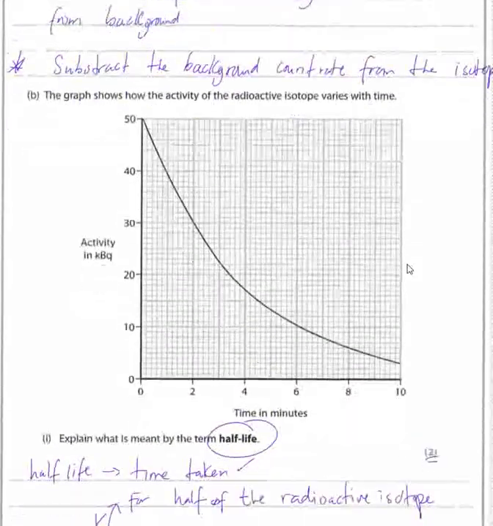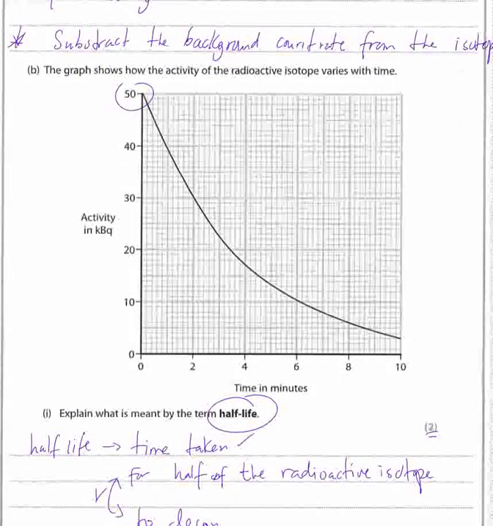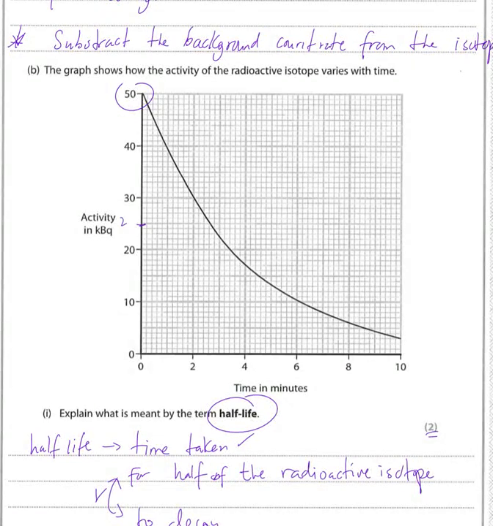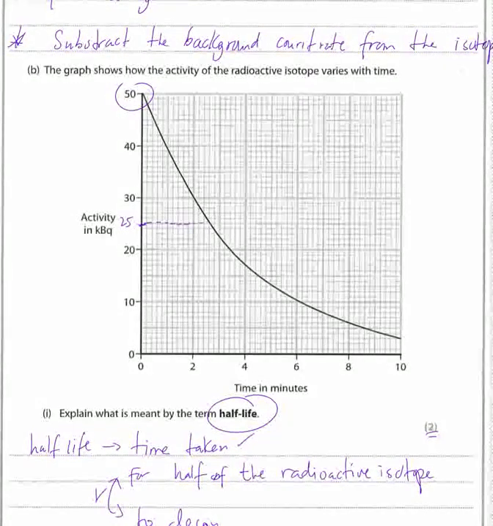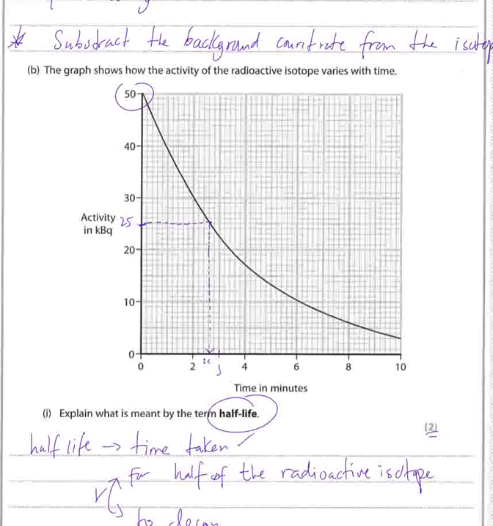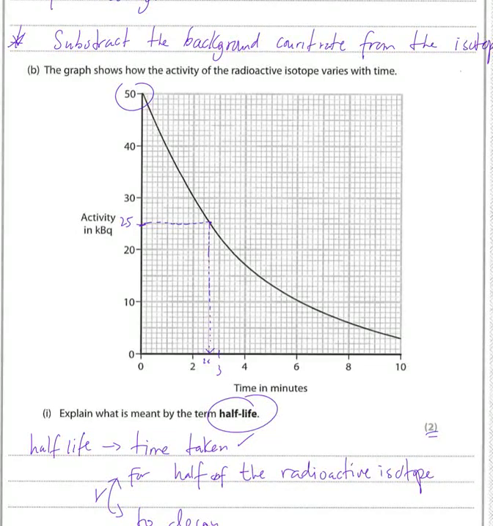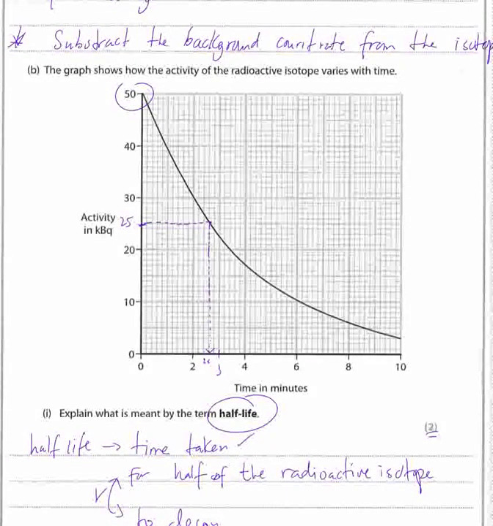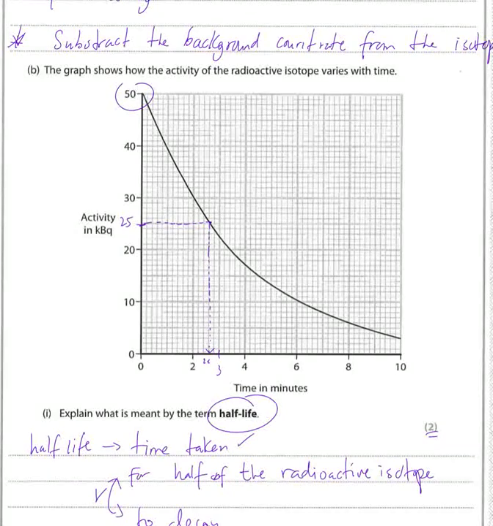Okay, now we start with 50, that's the original one. Now half of 50 is 25, so this here is 25. So I go across at this point and then I go down slowly. Okay, and that's how much I get. Now this one here is 3, so therefore I get 2. So 2, 4, 6. Okay, now I need to be sure whether this is indeed correct. So you can do half of 25, which is 12.5.